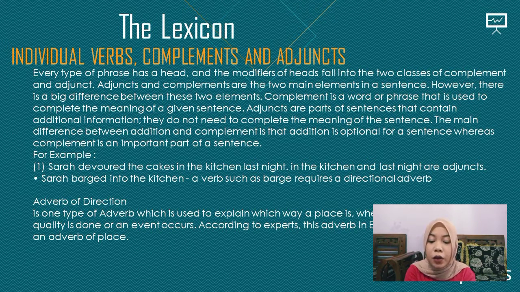A complement is a word or phrase that is used to complete the meaning of a given sentence, and adjuncts are parts of sentences that contain additional information. They don't need to complete the meaning of the sentence. The main difference between adjunct and complement is that an adjunct is optional for a sentence and a complement is an important part of a sentence.